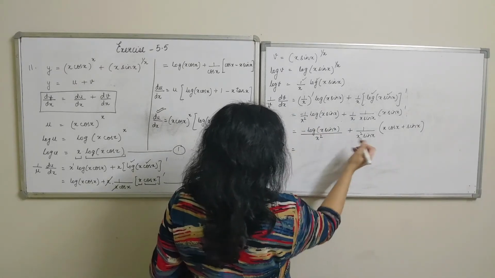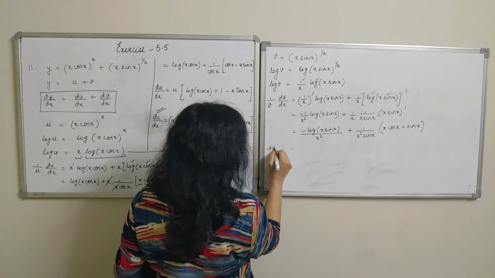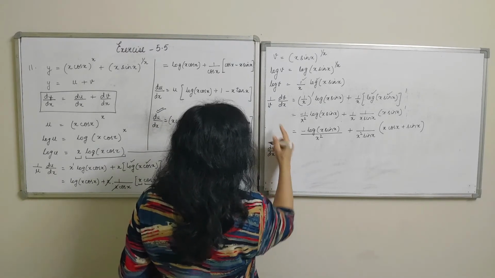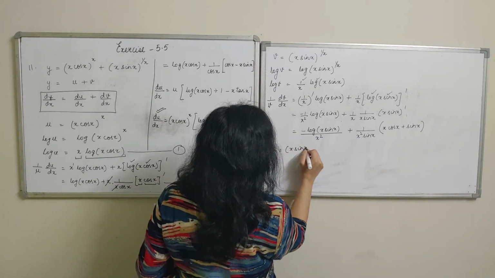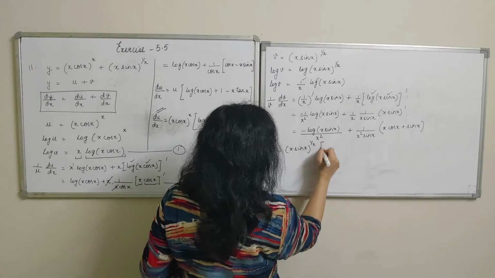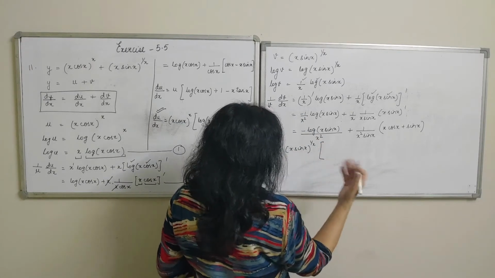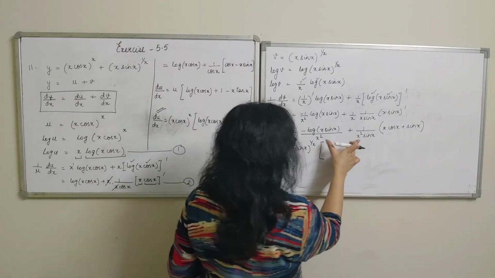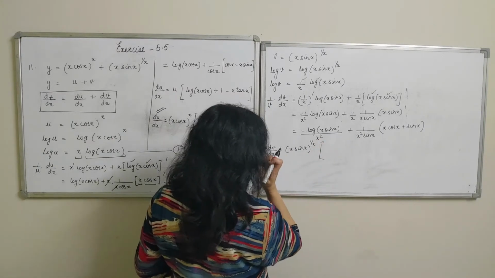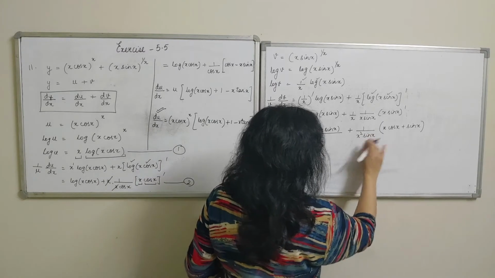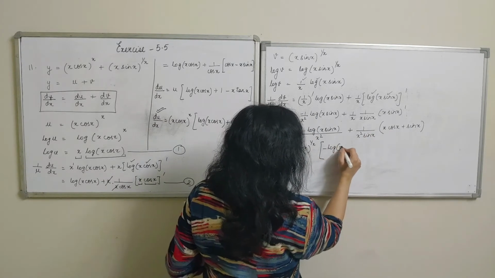So we can still simplify it, or if I directly do it together, dv by dx is v, which is x sin x to the power 1 by x, into this expression. You can write it in different ways. If you want, you can take x square common, or you can simply multiply this term with these two terms, whichever way you want to write it.